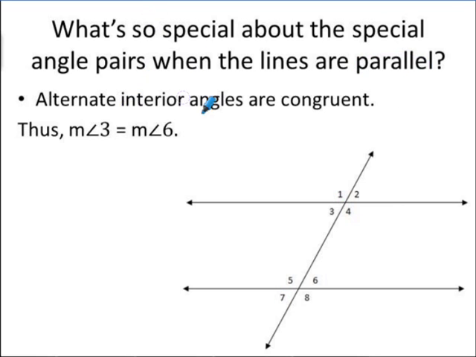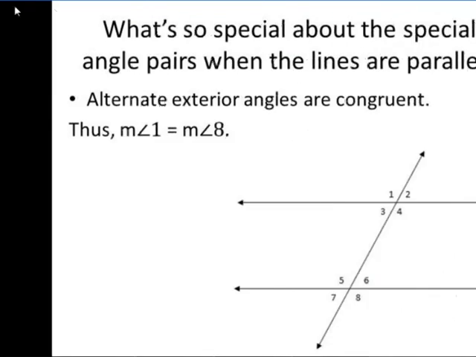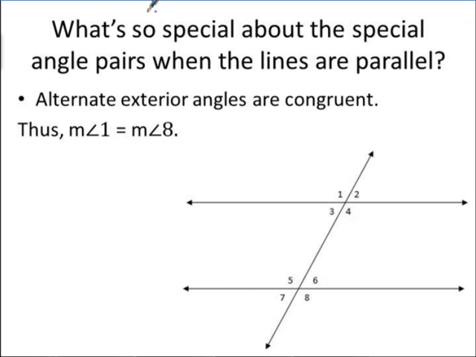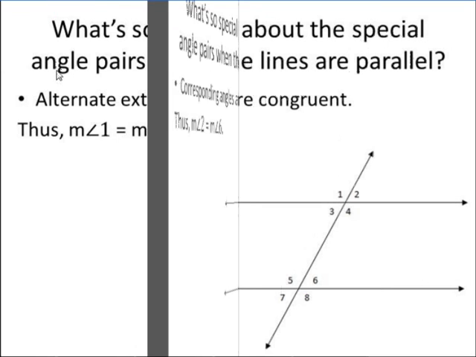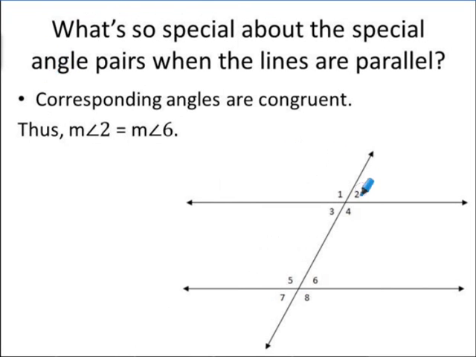When we have alternate interior angles, like 3 and 6, those are congruent. Alternate exterior angles are congruent. So 1 and 8, those are congruent. Corresponding angles are congruent. So 2 and 6 are congruent.